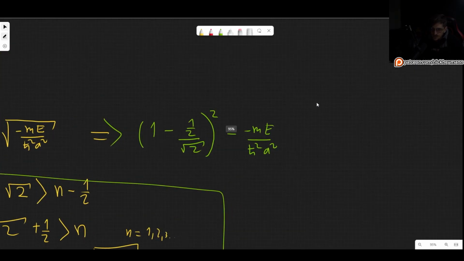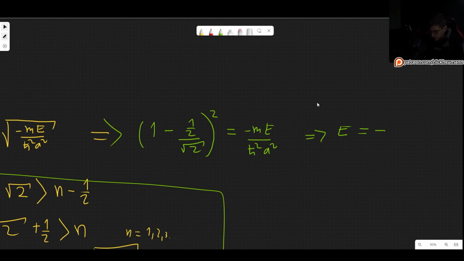And now finding the energy is easy, right? So from here, the energy is going to be minus this thing, but that's simply a number. So let me calculate it right away. That is 0.5 divided by the square root of 2 times minus 1 plus 1.